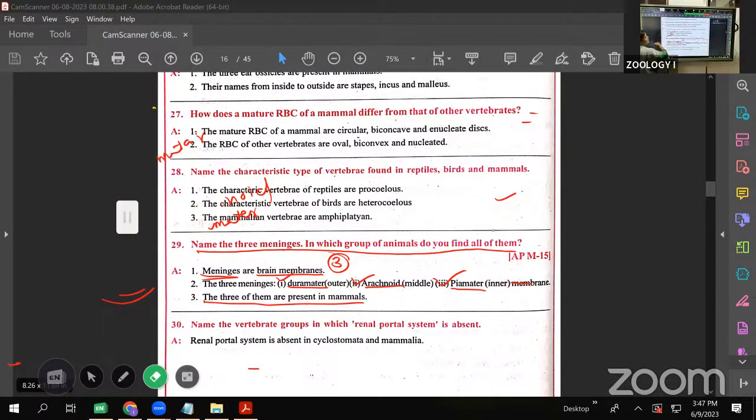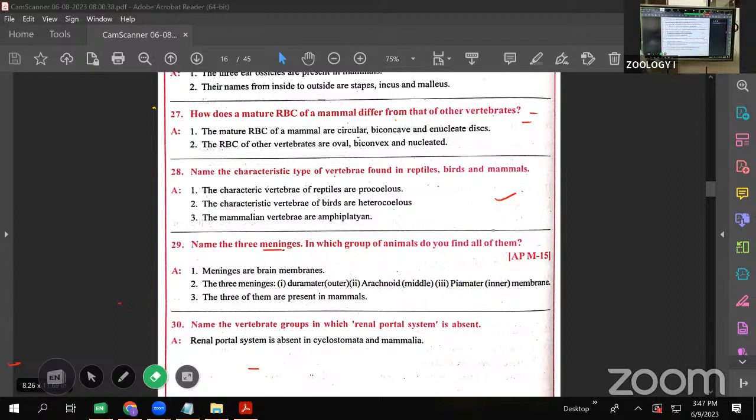With this, we finish the fourth lesson of animal diversity. Listen, students: the VSAQs are from the first lesson.